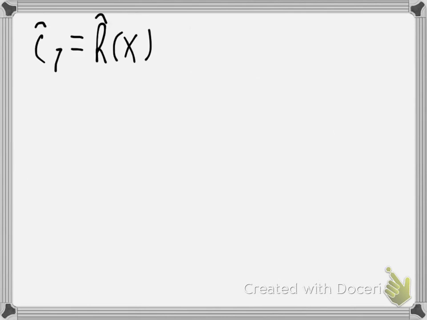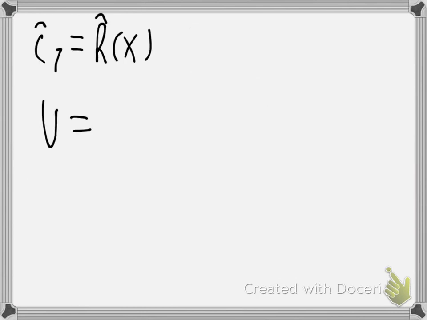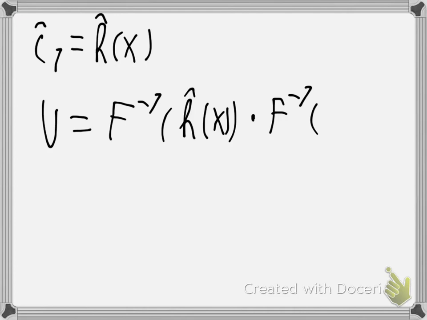Now we can apply the inverse Fourier transform to get u. u is equal to the inverse Fourier transform of c1 hat, which is h hat, times the inverse Fourier transform of e to the minus absolute value of omega y. And the inverse Fourier transform of h hat is just h.